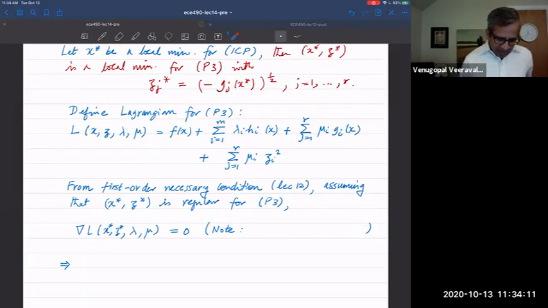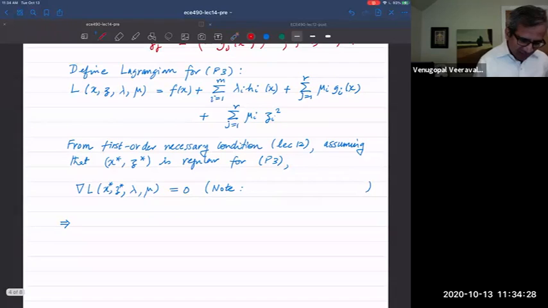we know that the gradient of L with respect to both variables, x and z, has to equal 0. So basically, maybe I should add that. This should be gradient with respect to x and z.